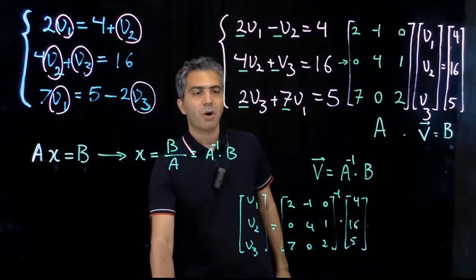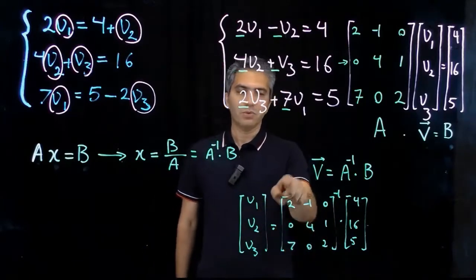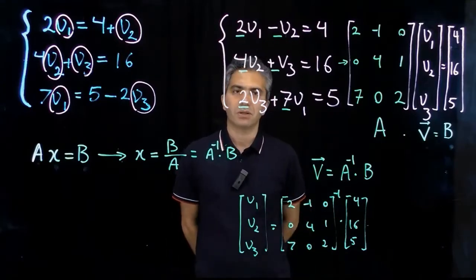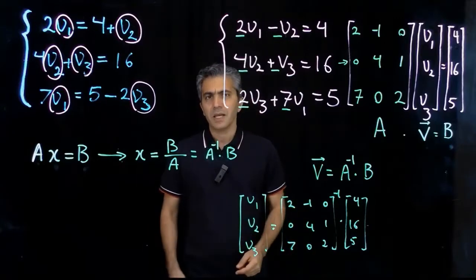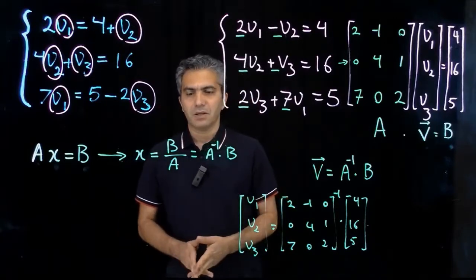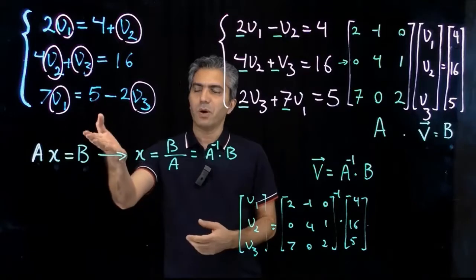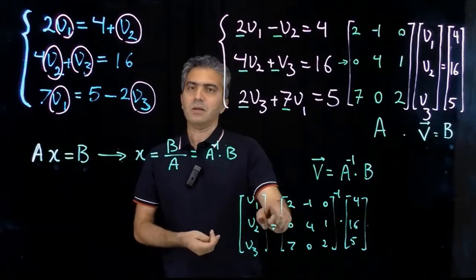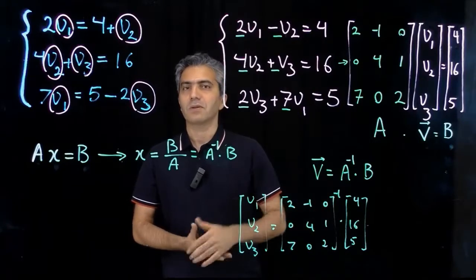The only part that is left for us to do is to calculate the inverse of the matrix, the 3 by 3 matrix that we see here. Like I said, if your calculator doesn't calculate the set of equations, there's still a chance that the calculator does calculate the inverse of matrices.